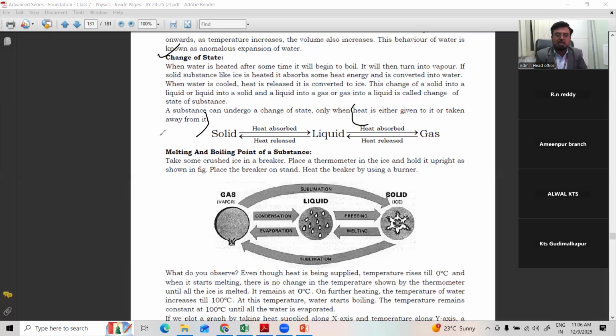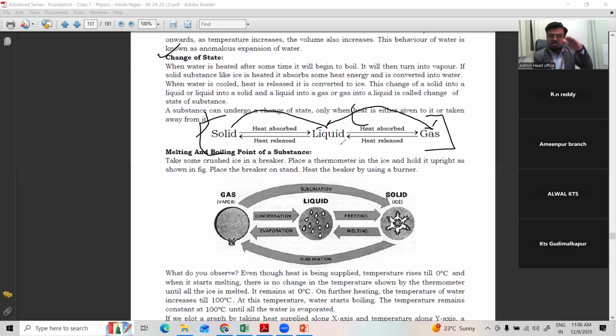See here, the diagram can clearly explain everything. First you see the top: heat is absorbed. When heat is absorbed, solid converts into liquid. If you are still heating the liquid, it will convert into gas. So for converting from solid to liquid to gas, heat should be absorbed. Then when gas becomes liquid, heat is released.